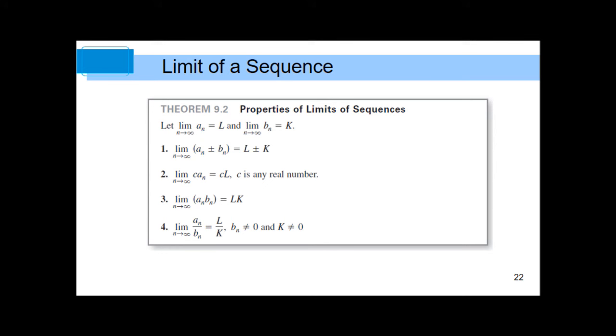The properties of limits of sequences are going to be very familiar from properties of limits. So if you know that a sequence a sub n has a limit L, and a sequence b sub n has a limit K, then you can conclude that, for example, the limit of a sub n plus b sub n is just L plus K. Or if you have the limit of a constant times a sub n, it's just the constant times L. If you have the limit of the product, you can multiply the limits.